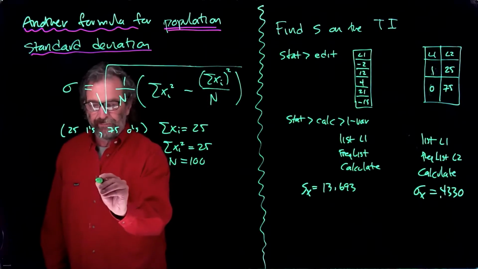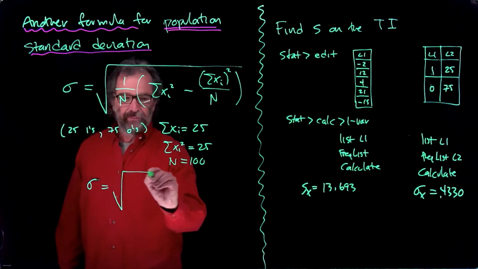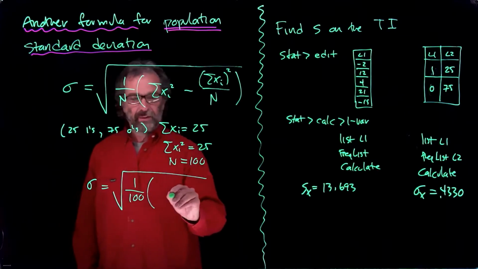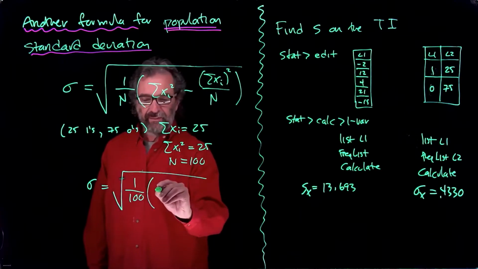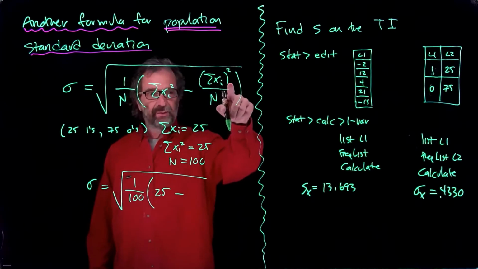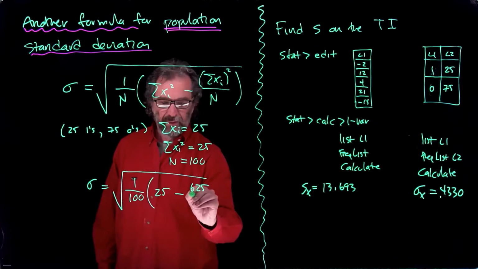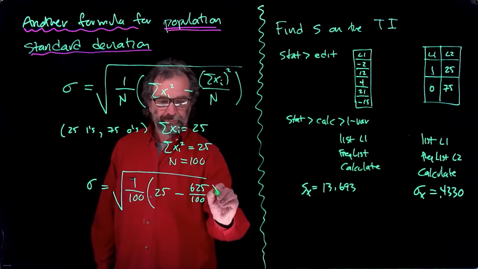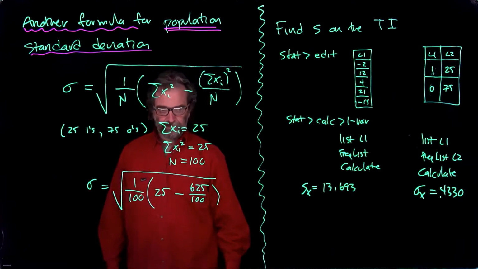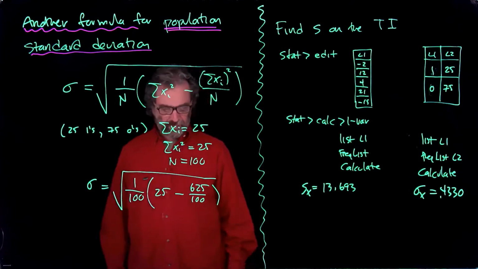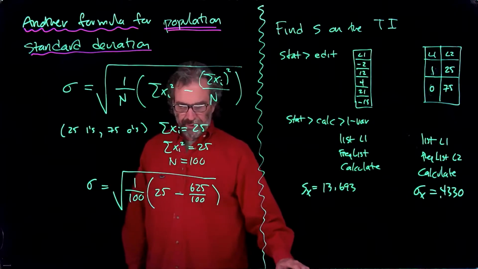So sigma is the square root of 1 over 100 times 25. No, 25 squared is 625 over 100, like that. So that's really 6.25.